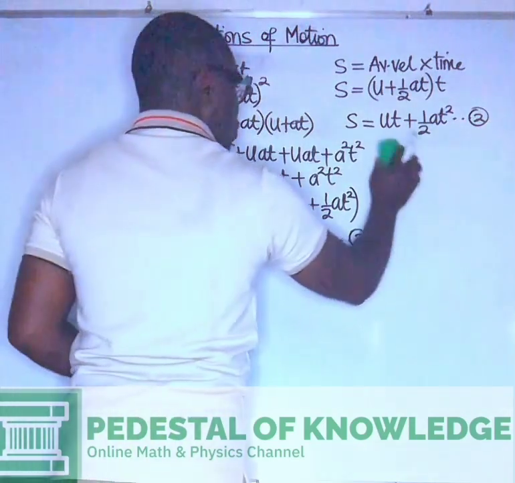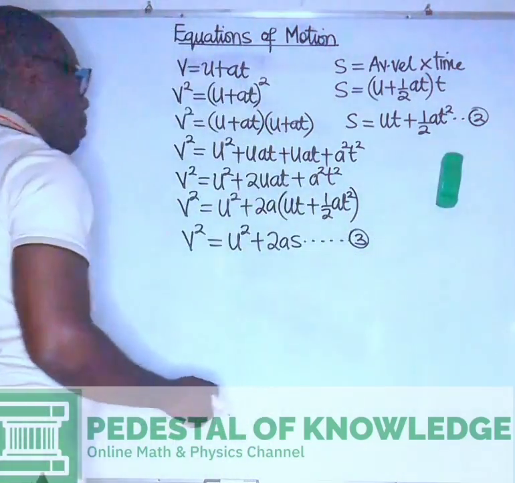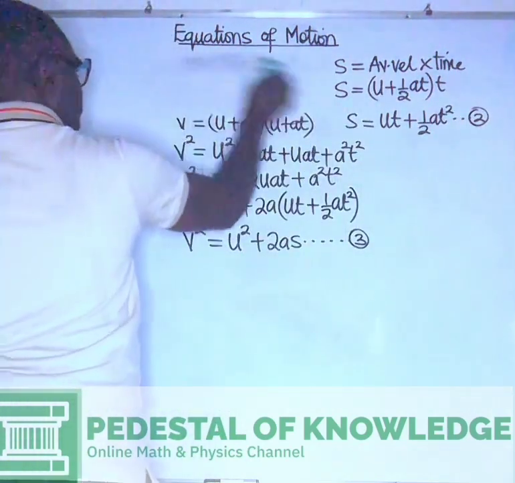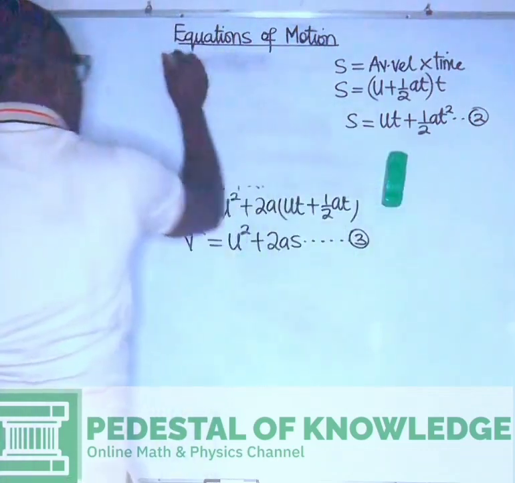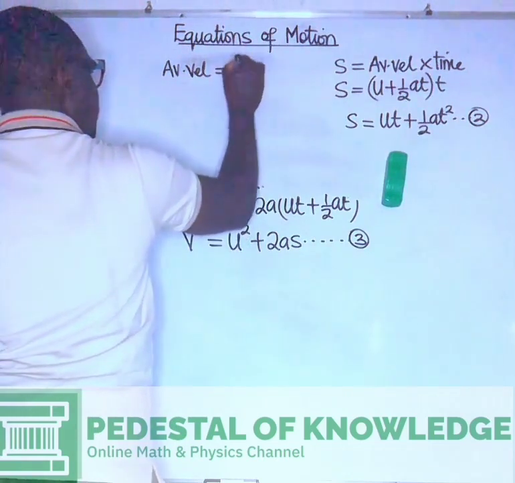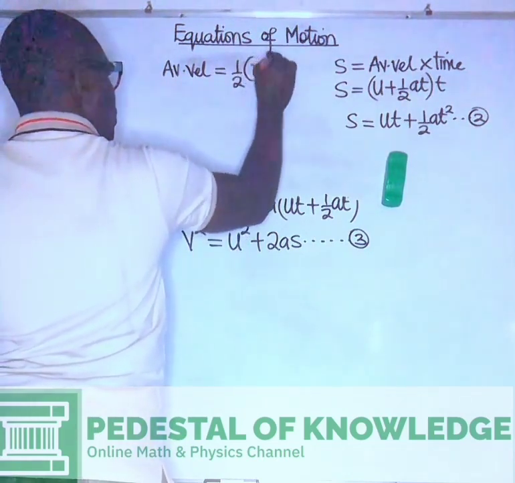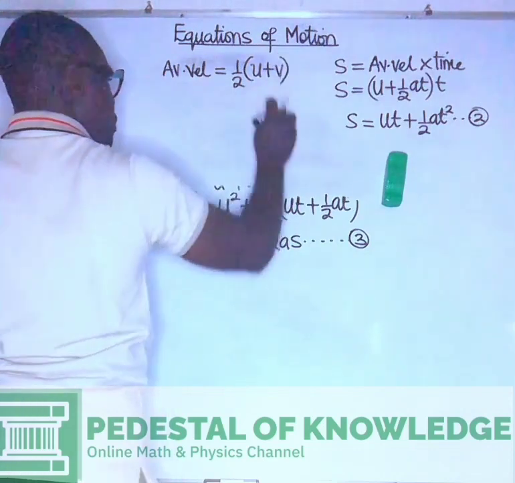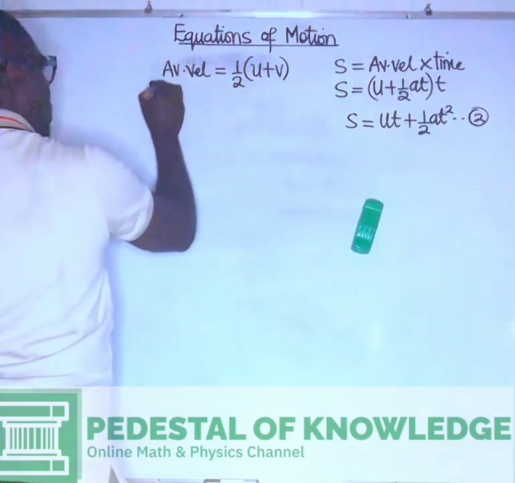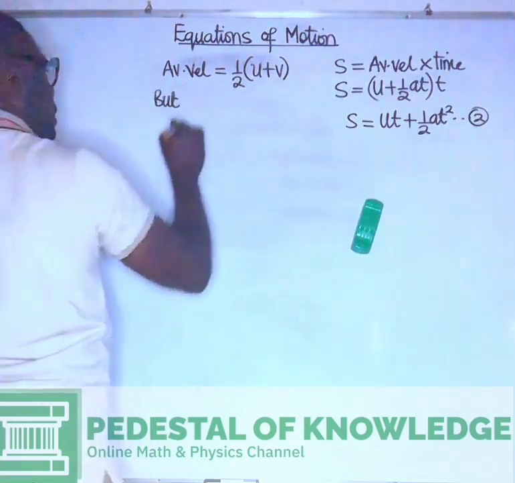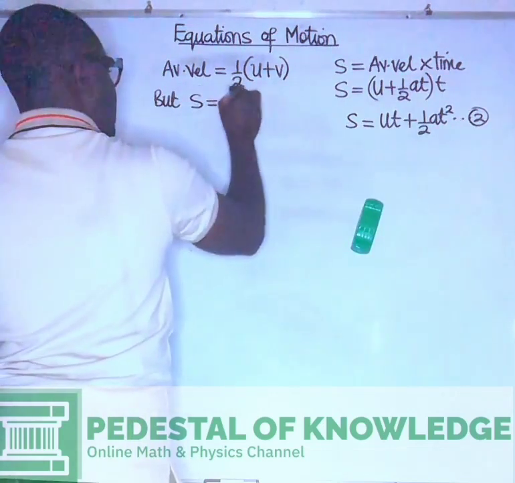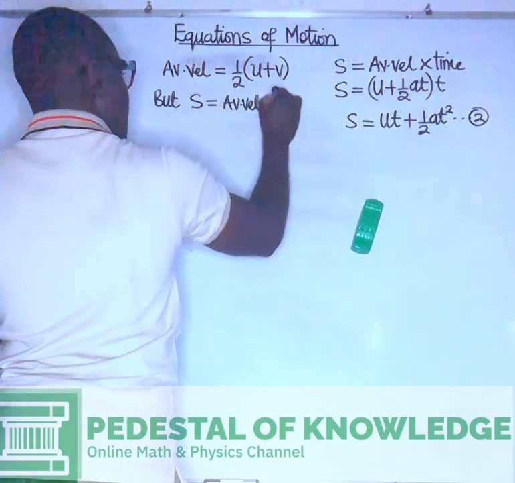Now, the fourth equation of motion, remember that the average velocity is equal to half the sum of u plus v. All right, but we know that the displacement s is equal to average velocity times time.